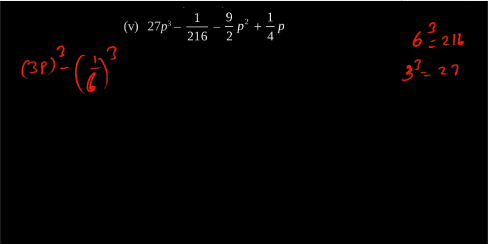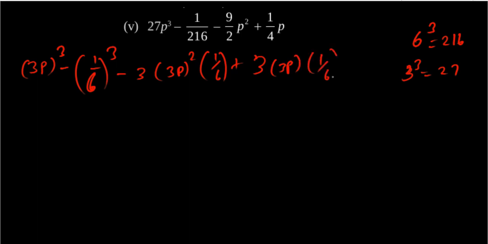So this is a cube minus b cube minus 3a square b plus 3ab square. In place of a we have to substitute 3p and in place of b we have to write 1 by 6. That is, our a is 3p and b is 1 by 6.